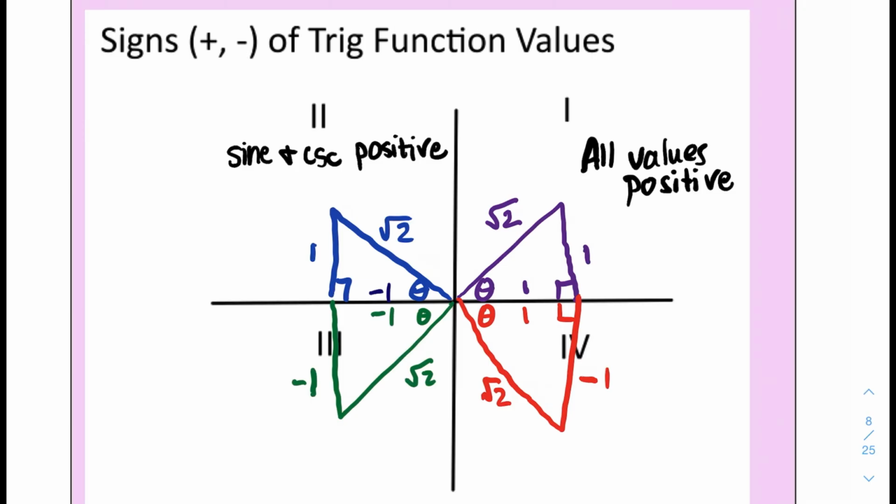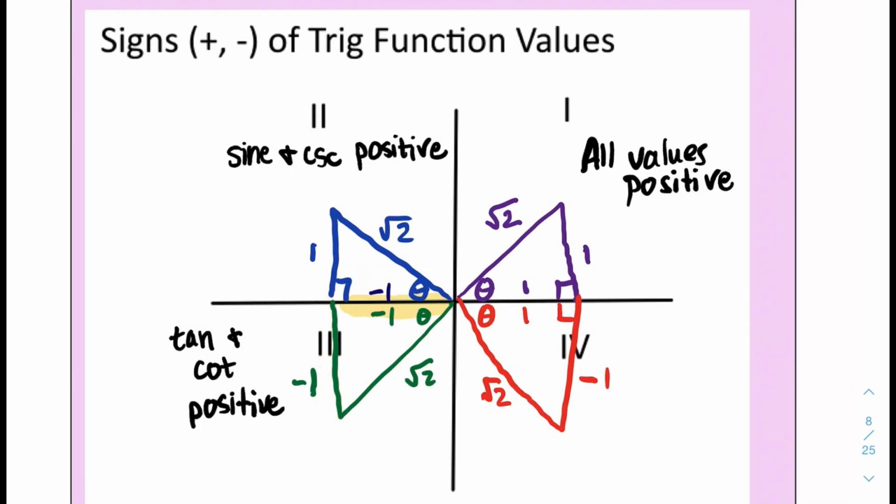If you think through each quadrant, in quadrant 3, I don't have 2 positive sides, but I have 2 negative. My opposite and adjacent sides are both negative, because my x and y values would both be negative there, so negative divided by negative gives me positive for tangent and cotangent, but any other trig function values are going to be negative.